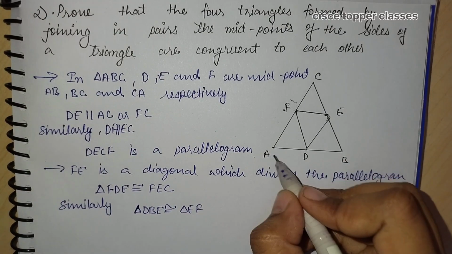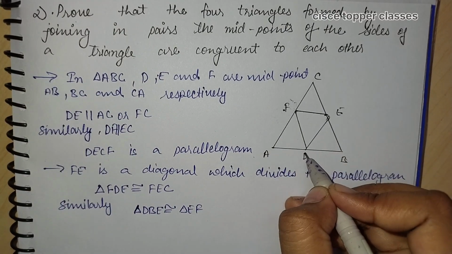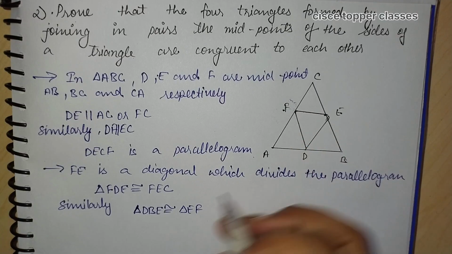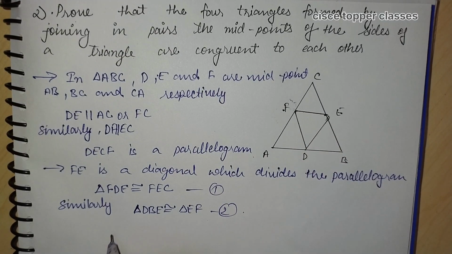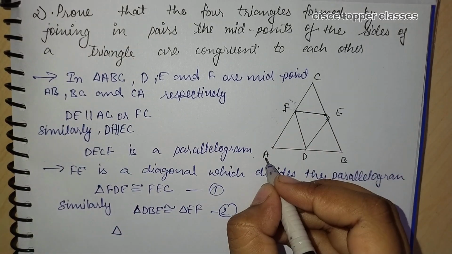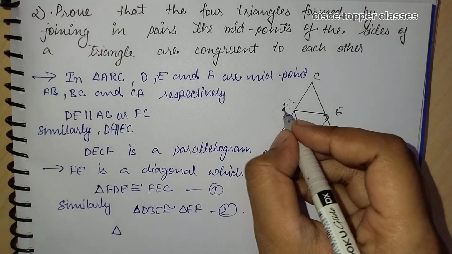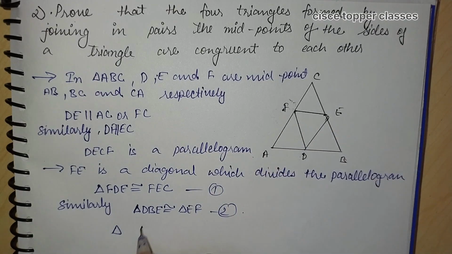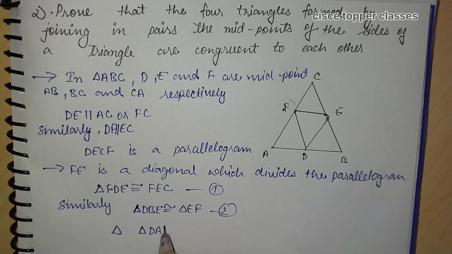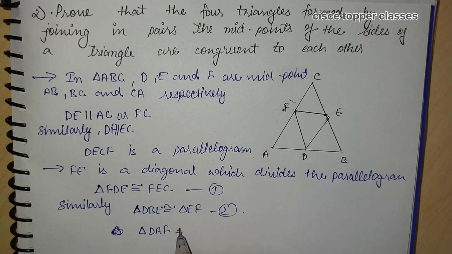This is the first thing, this is the second. And now in this parallelogram, similarly, we can prove that triangle ADF is congruent to triangle DEF. So triangle DAF is congruent with DEF.